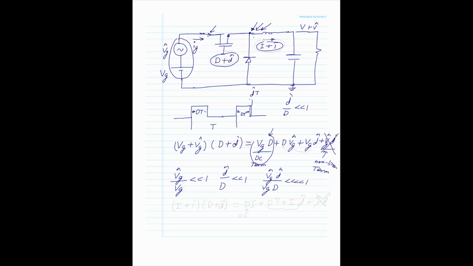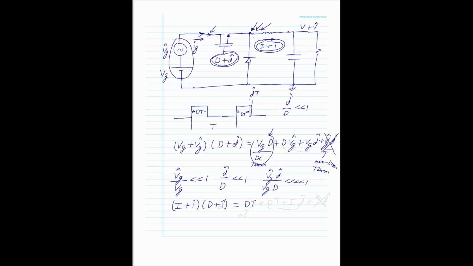So the current that flows into this input section is going to be related, just like we did before, to I plus I hat times the duty cycle, which is D plus D hat.